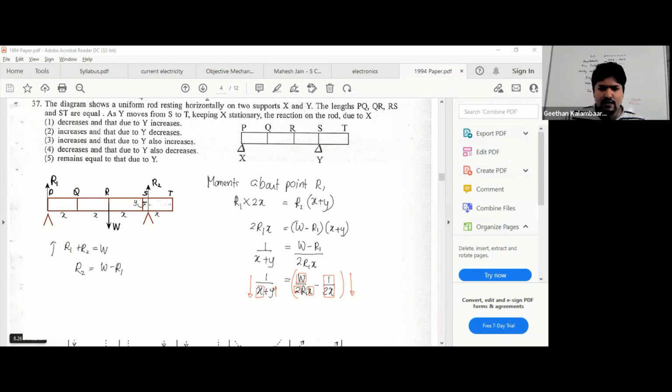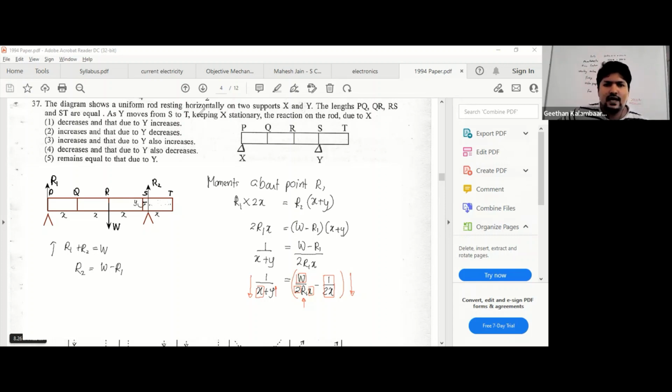Here this x is also a constant. So when the whole thing goes down, this should also go down, so R1 should go up. R1 is increasing. So when y is increasing, R1 is increasing. So we got that relationship from this. When y increases, R1 increases.